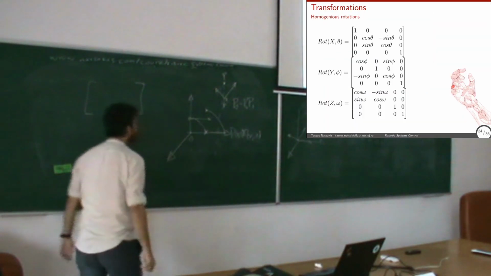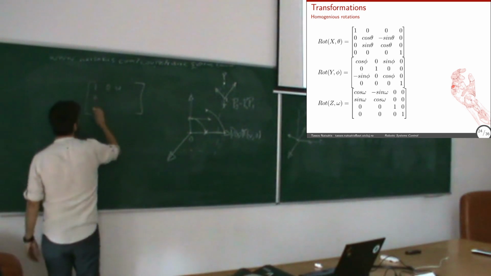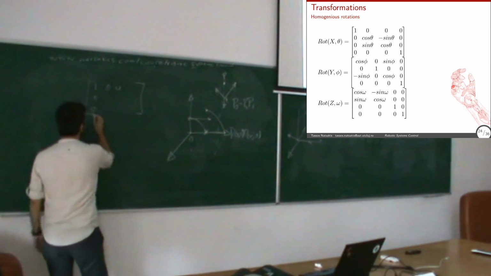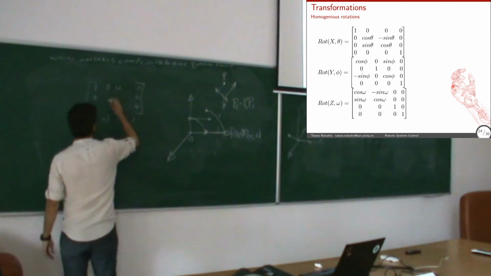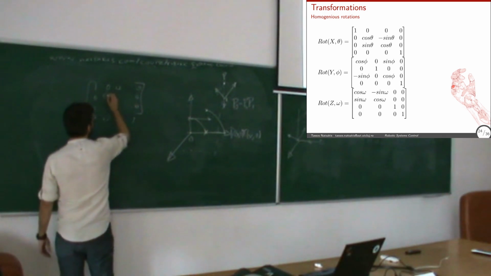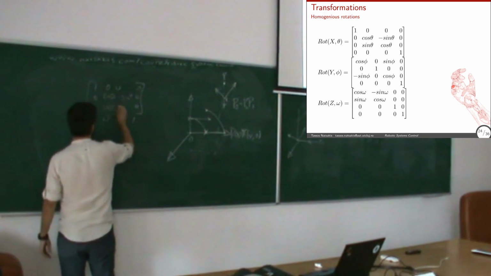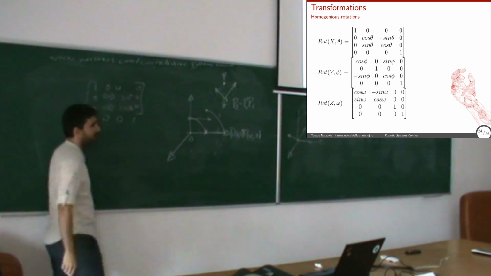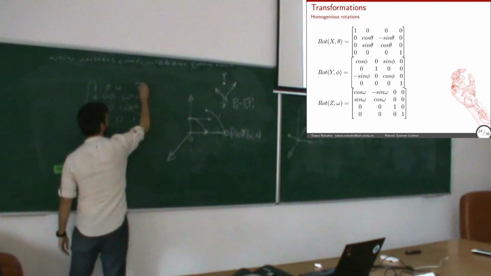So if you write something like this, let's take this example: rotation around X, with 1, 0, 0, 0 and then cos theta, minus sine theta, and so on. And then you're saying, okay, I want to rotate and translate at the same time, so I want to put the translation in here as well.